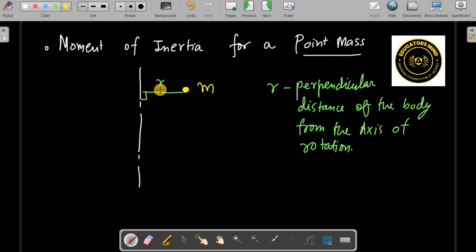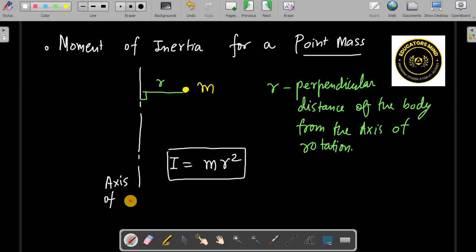So moment of inertia I is defined as m r square. This is the axis of rotation. Okay, this is how we define it for a point mass.